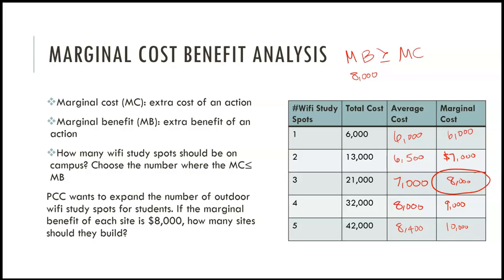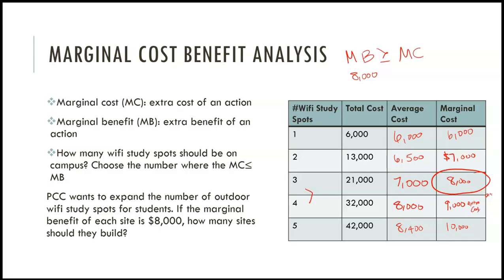If we were looking at average cost, we might go all the way up to 4, because we would say, oh, 4 is affordable, right? We are getting $8,000 of benefits per unit, and we're getting $8,000 in cost per unit, on average. The problem with using the average is we're actually losing a little bit of money, because when we go from 3 study spots to 4, we have an extra cost of $9,000.